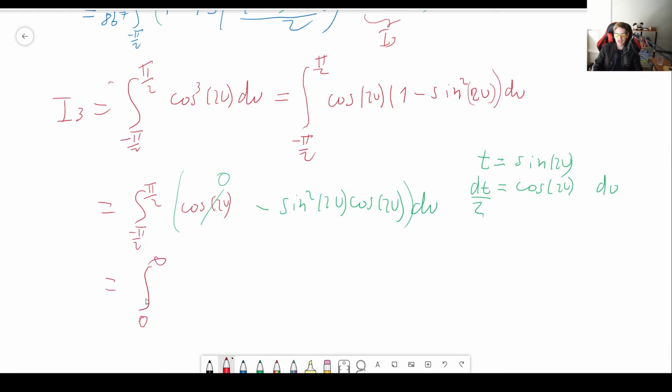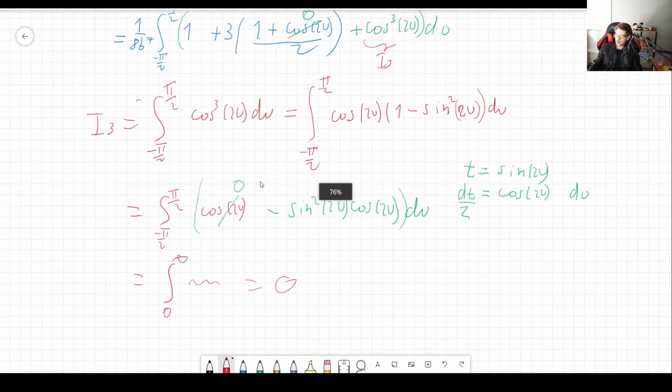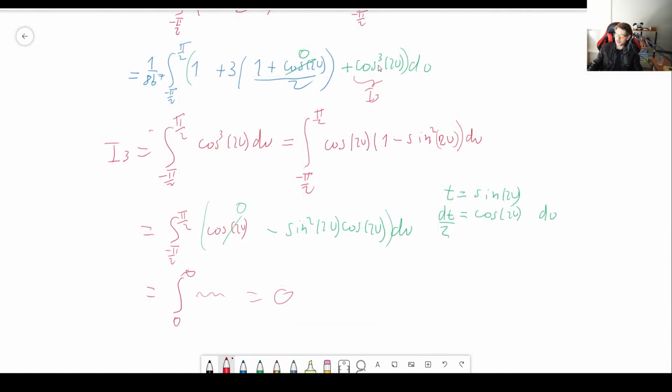All right, so we are integrating from 0 to 0, so not really much point in doing much else. We're not integrating anything. Just double checking. So pi over 2 times 2, we get pi, sine of pi is 0, and same there. All right. So that was quite nice. So this particular integral, cosine cubed, is 0.